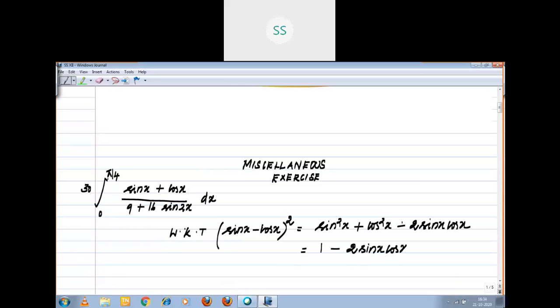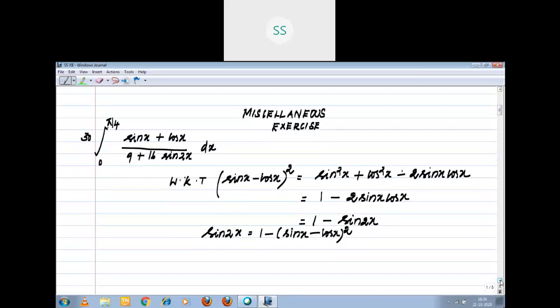You know, 2 sin x cos x is equivalent to sin 2x. So sin 2x equals 1 minus (sin x minus cos x) the whole square. Sin square x plus cos square x equals 1, that you know, right?